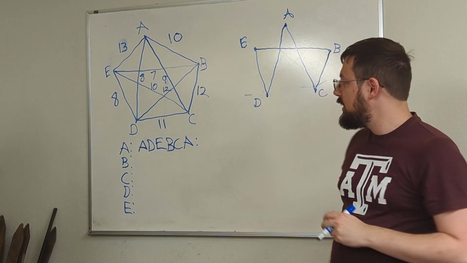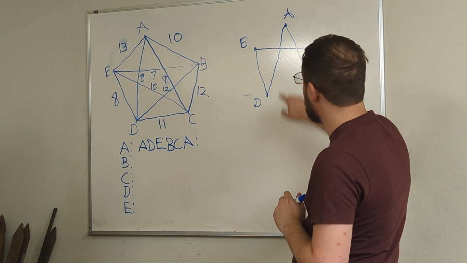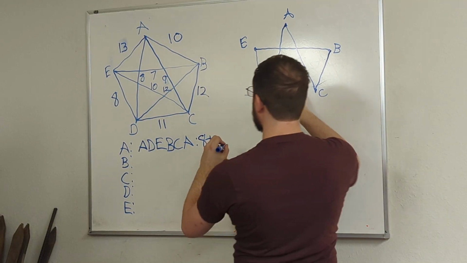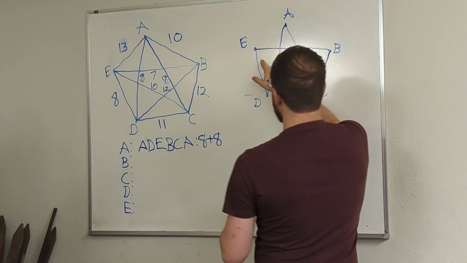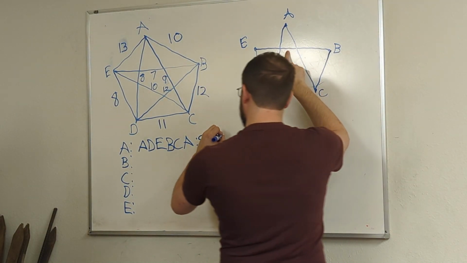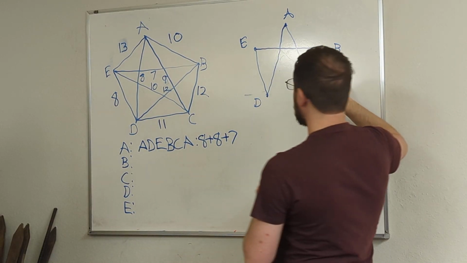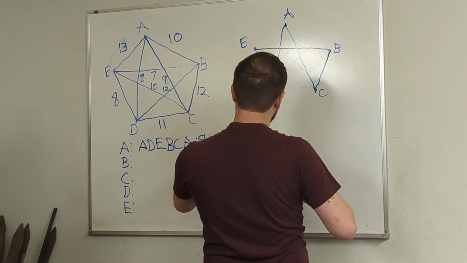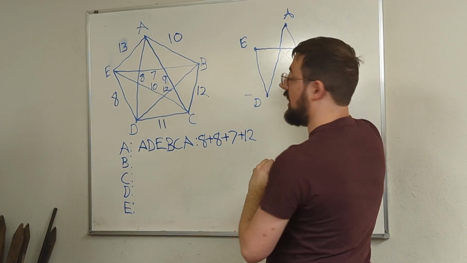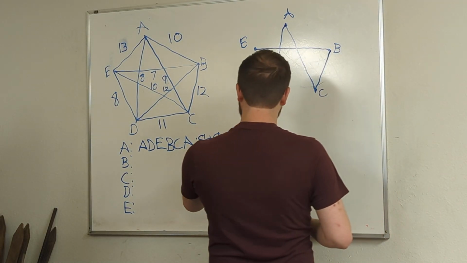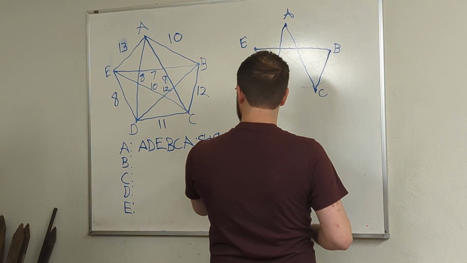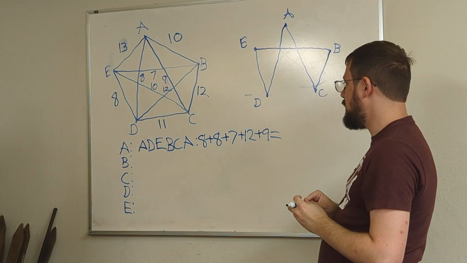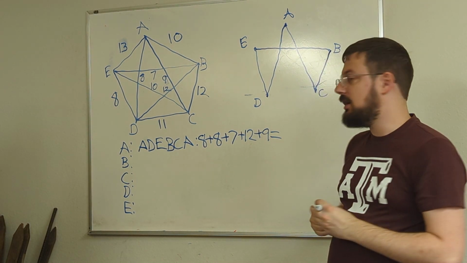What this is going to give us is a total weight of 8 plus 8 plus 7 plus 12 plus 9. If we add all of these up, we get a total weight of 44.